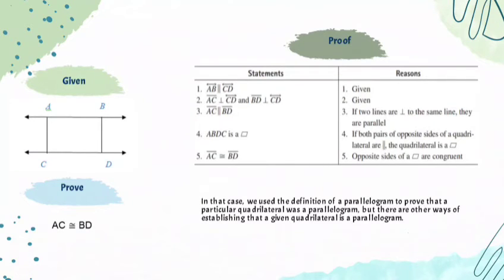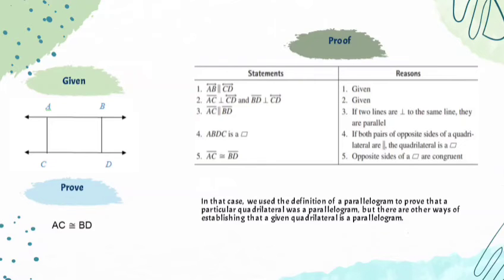Prove AC is congruent to BD. Statement 1: line AB is parallel to line CD; the reason is given. Statement 2: segment AC perpendicular to line CD and segment BD perpendicular to line CD; the reason is given. Statement 3: segment AC is parallel to segment BD.